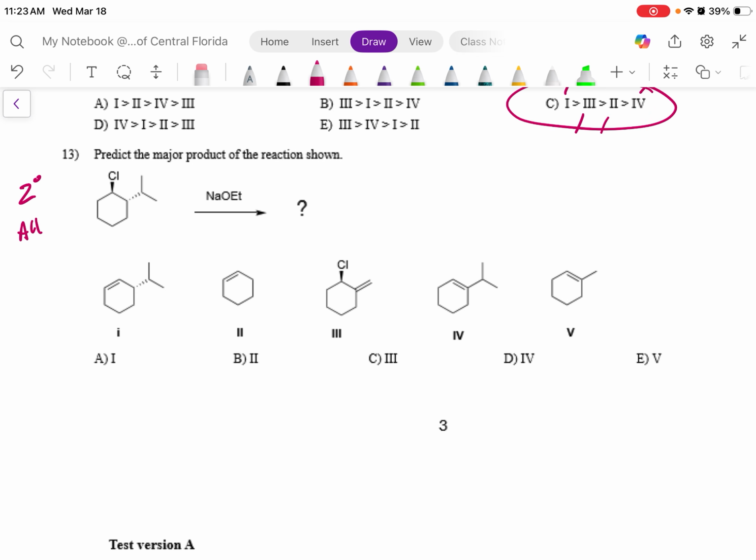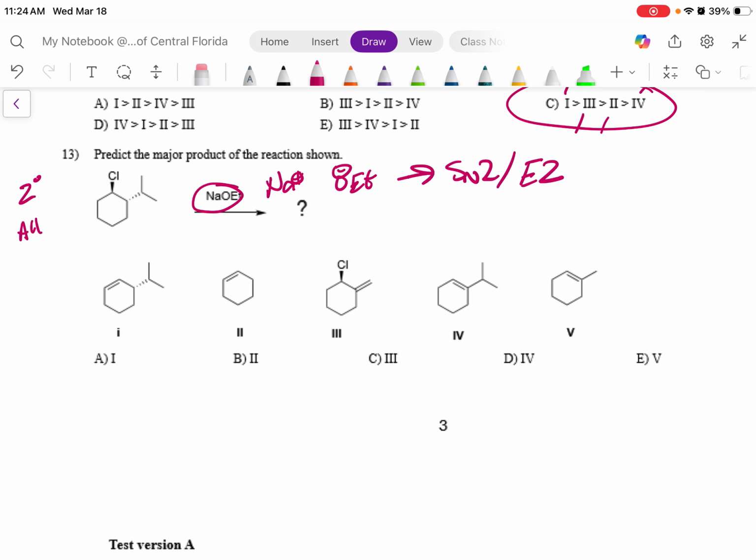We see that there's no solvent mentioned, but there is an attacking species. You see that it's ionic. So we have something that is negatively charged. So that would mean that is a strong attacking species that favors SN2 and E2 reactions.